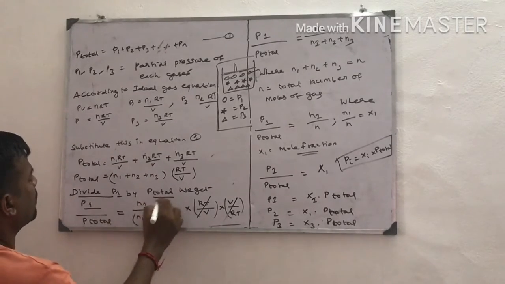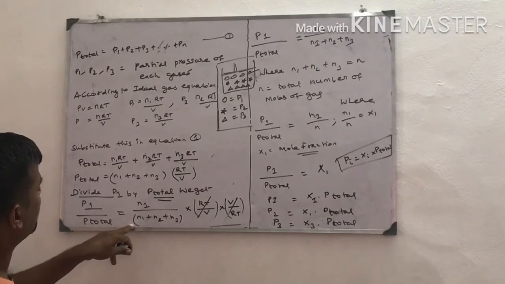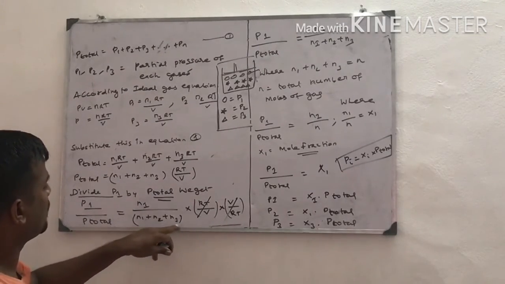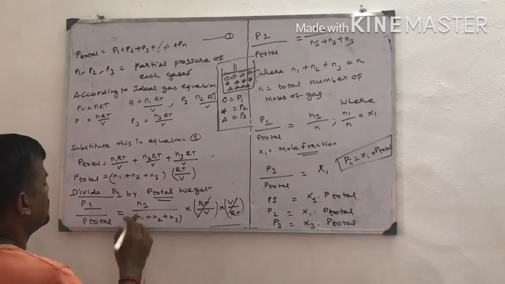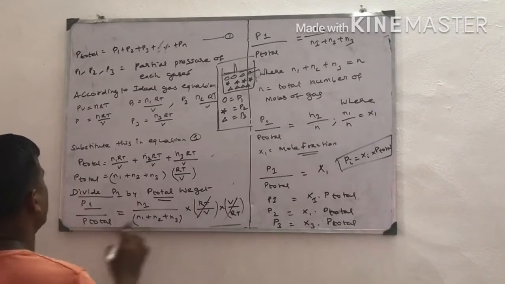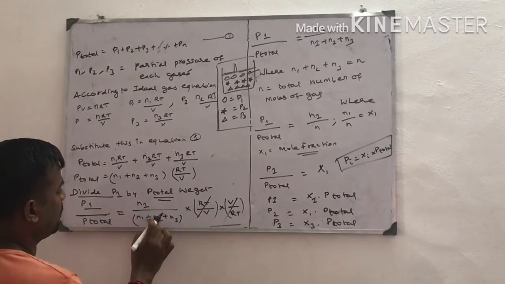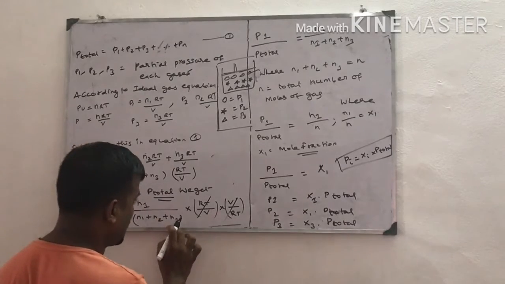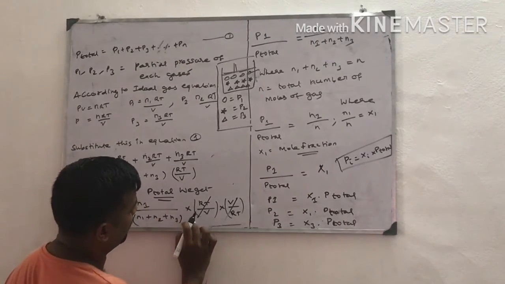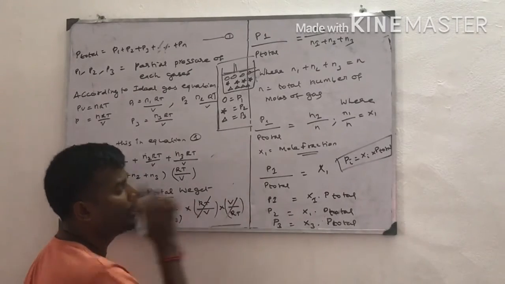Divide P1 by P total. P1 by P total is equal to N1 by N1 plus N2 plus N3, into V by RT. See, P1 is equal to N1 into RT by V, divided by P total, which is N1 plus N2 plus N3 into RT by V, and this RT by V goes to the numerator as V by RT.